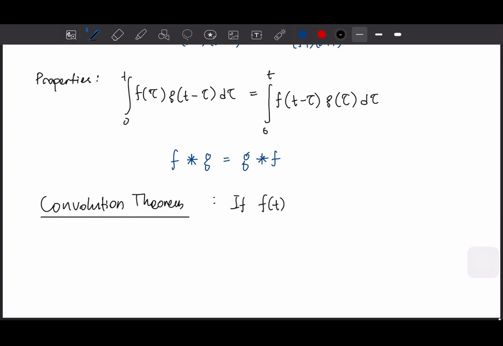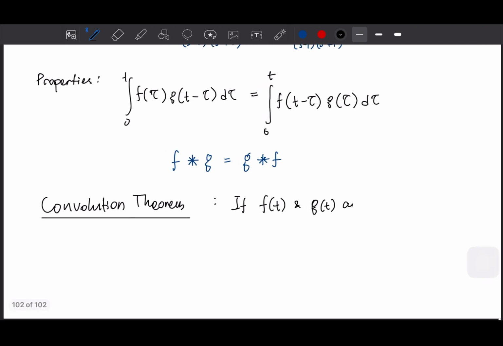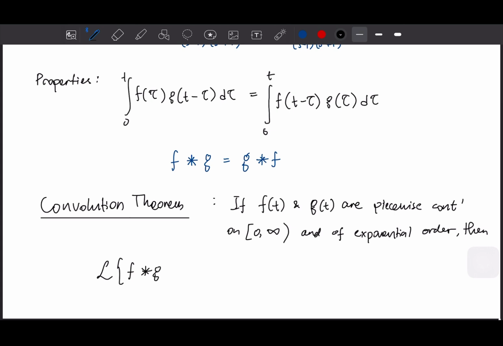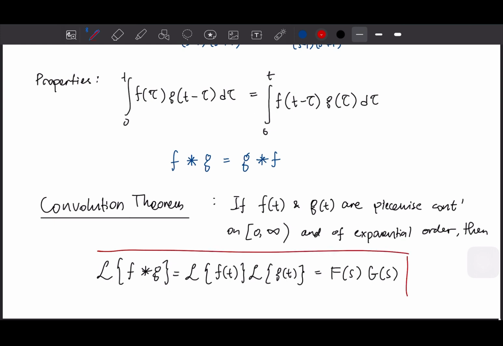If f and g are piecewise continuous on the positive values and of exponential order, then the Laplace of f convolved with g is equal to the Laplace of f of t times the Laplace of g of t, equal to capital F of s times capital G of s. So this will be the theorem. I will explain it next Tuesday.